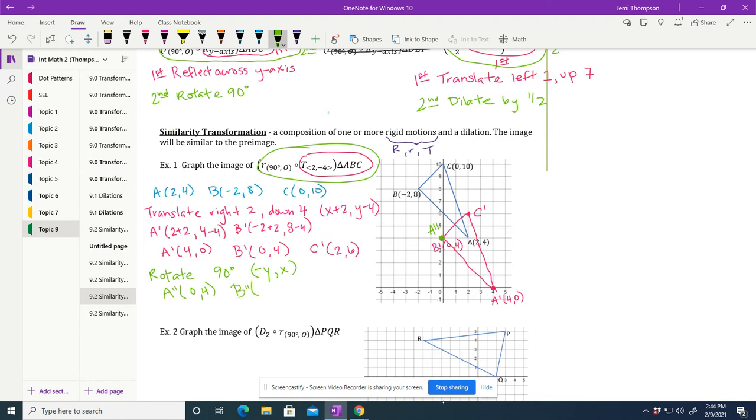So I switch the 0 and the 4, and I change the sign of the first coordinate. So -4, 0. And then C double prime, I exchange the 6 and the 2, and I change the sign of the first one. So -6, which doesn't exactly fit. It's almost there. Up 2.